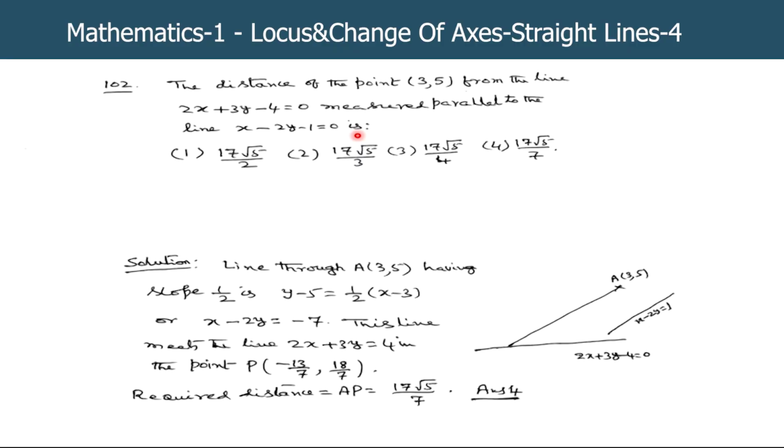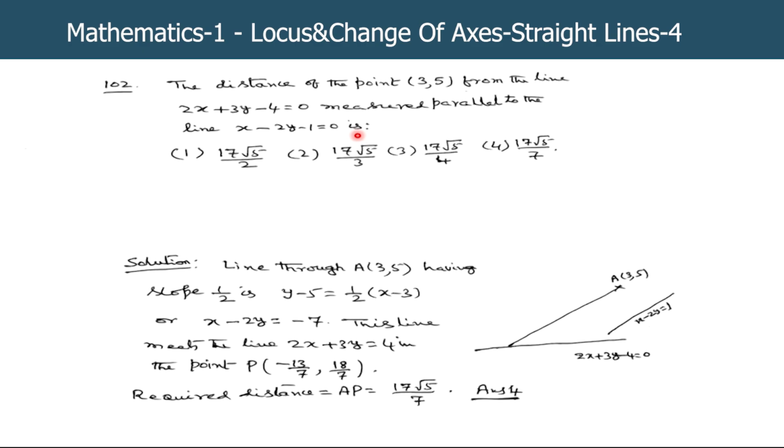Measured parallel to a straight line means, understand, the line passing through 3, 5 and parallel to this line meets the given line 2x plus 3y minus 4 equal to 0 at some point P. Then the distance of the point 3, 5 from this point P is the required distance of the point from the line measured parallel to the given line.